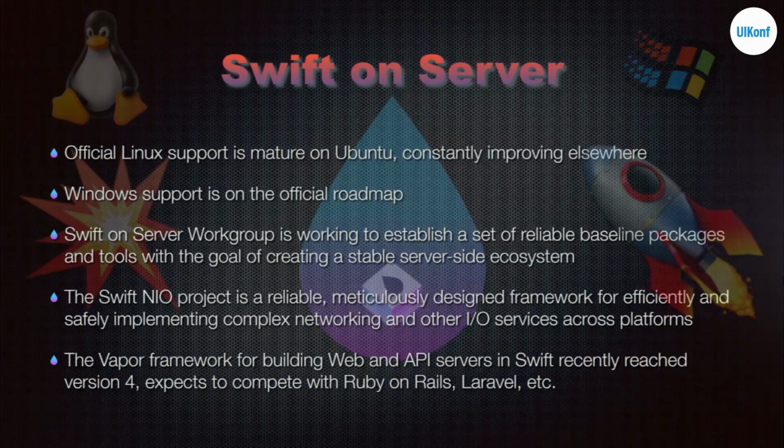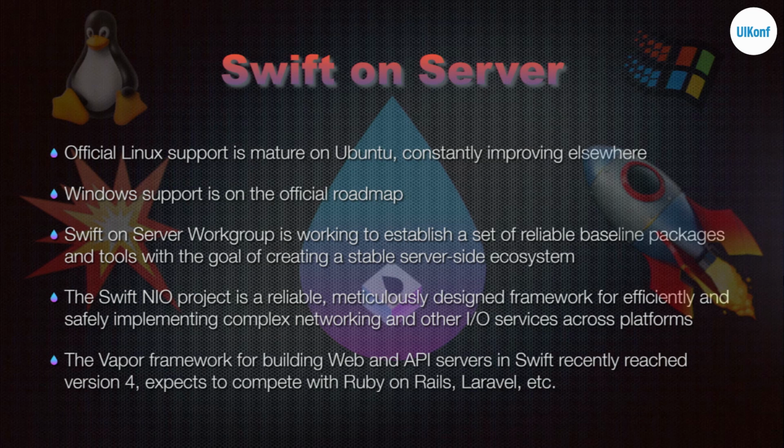And last but not least, there's the one thing that makes Swift on Server a practical tool that you can use right now, and that's a framework for building a web server. NIO provides the base for creating a server in the networking sense, an HTTP server. But Vapor provides all of the infrastructure that you get, again, from other frameworks like Laravel, Node.js, Ruby on Rails, things like that.